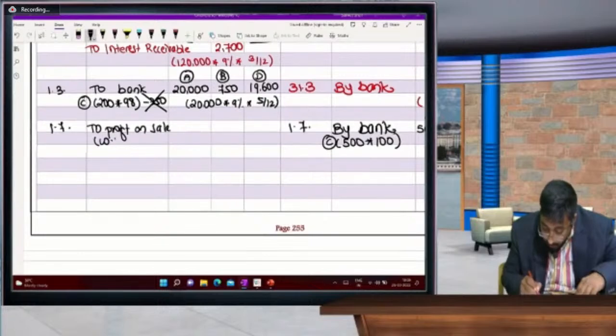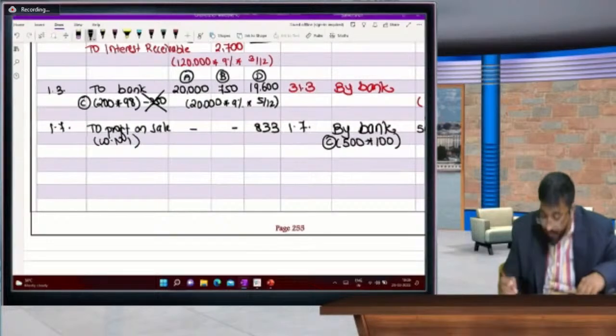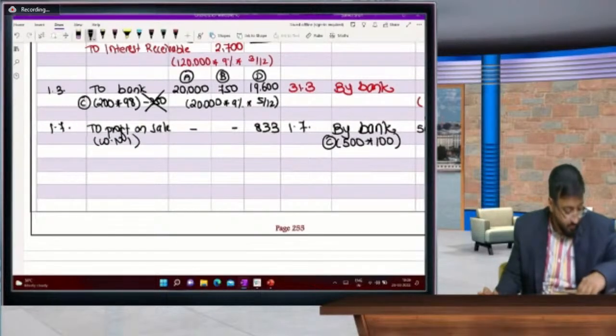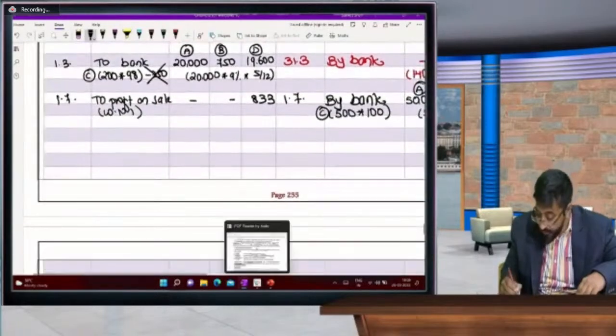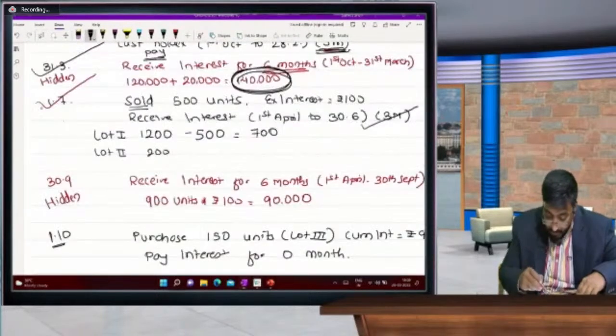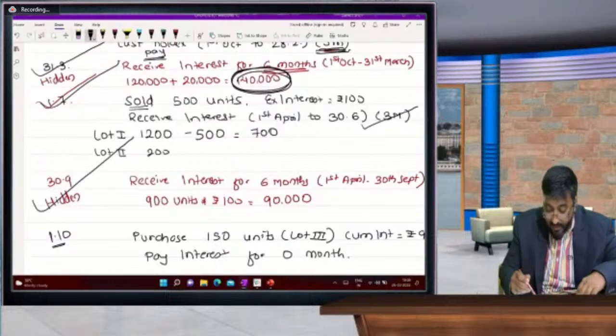Working note number 1, 833 in cost column. Next one. Now what is as per sequence? Tell me. Which is the next date beta? Yes, 1/7 over. 30th September.